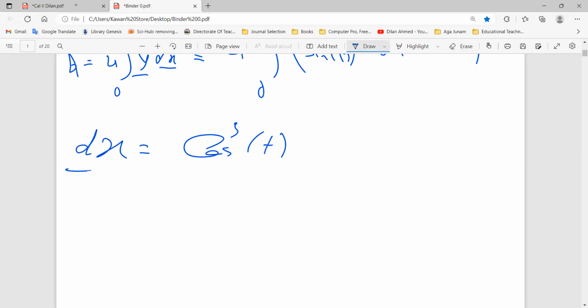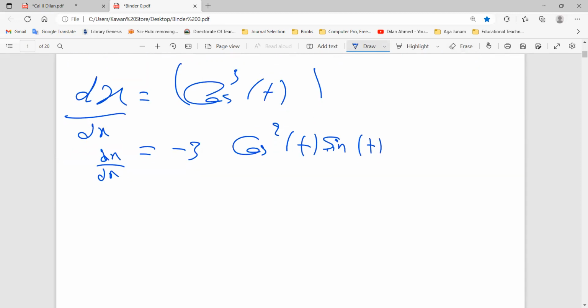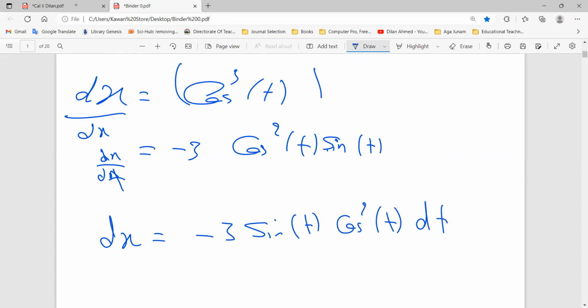The derivative of x over t is equal to 3 cosine squared t, derivative of cosine, minus sine of t, derivative of t equal to 1. This is equal to dx by dt. But I want just dx. So that's why I say dx is equal to minus 3 sine t cosine square t dt, right? We just multiply by dt.